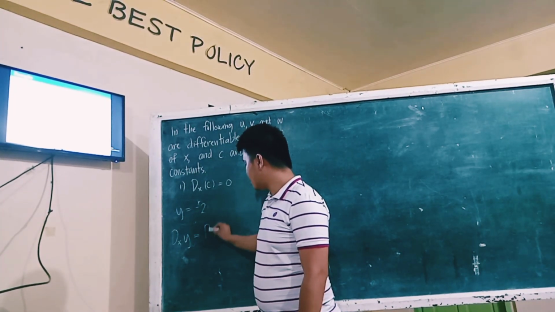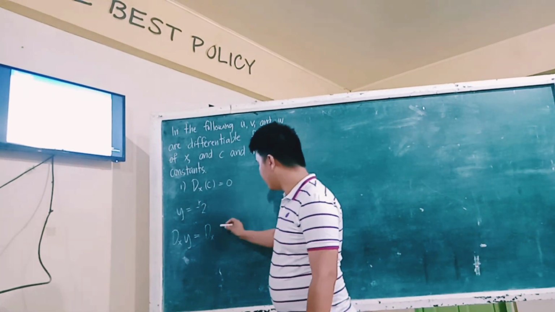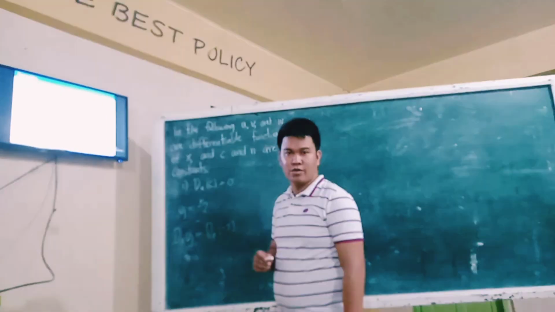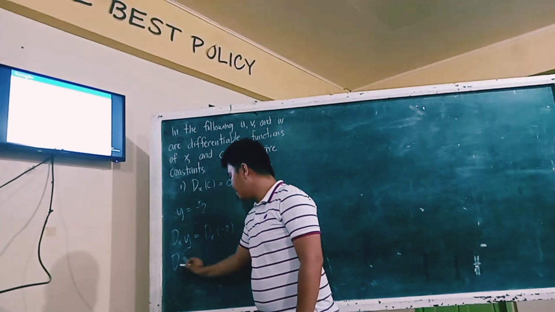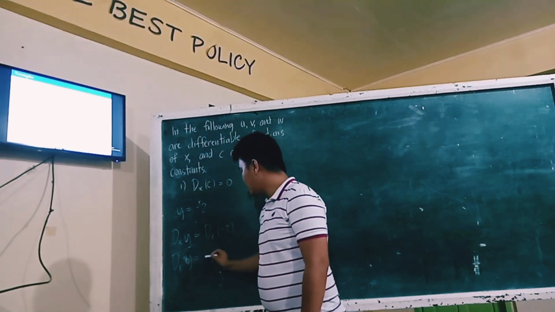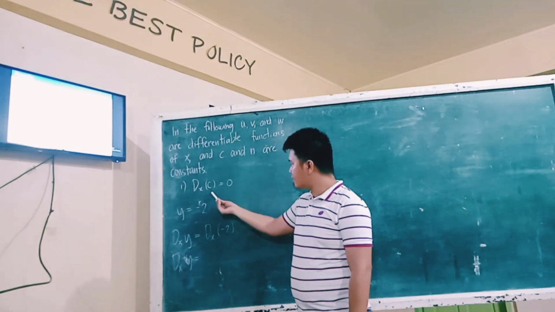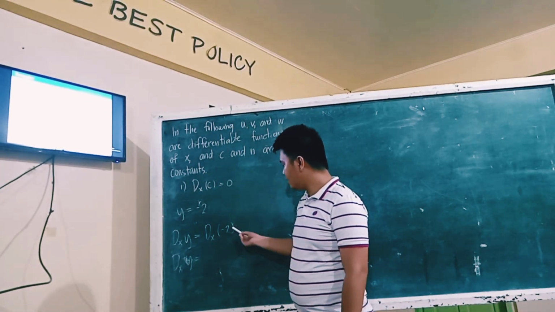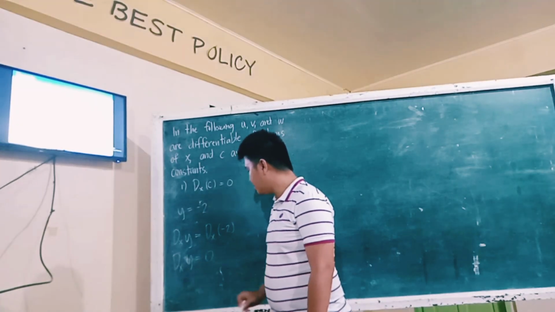Again, as I mentioned earlier, we need to differentiate both sides of the equation, so we write the derivative of negative 2. Now, copy the derivative of y is equal by applying the constant rule. The constant rule here says that the derivative of c is equal to 0. Hence, since this is a constant, the answer is 0.